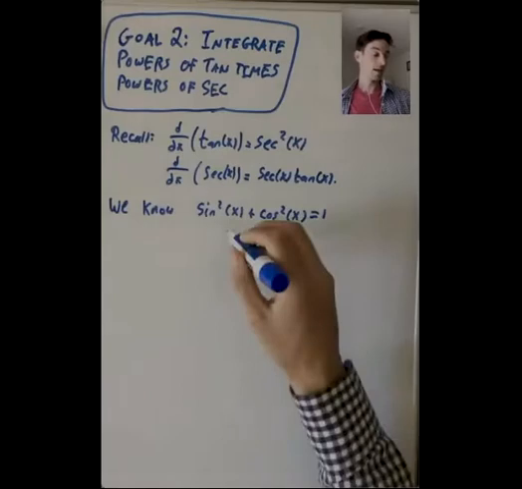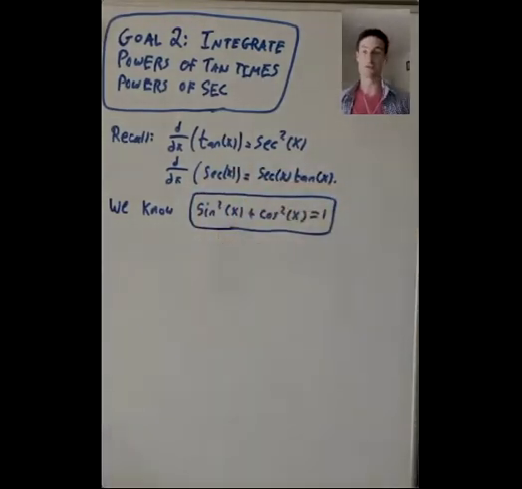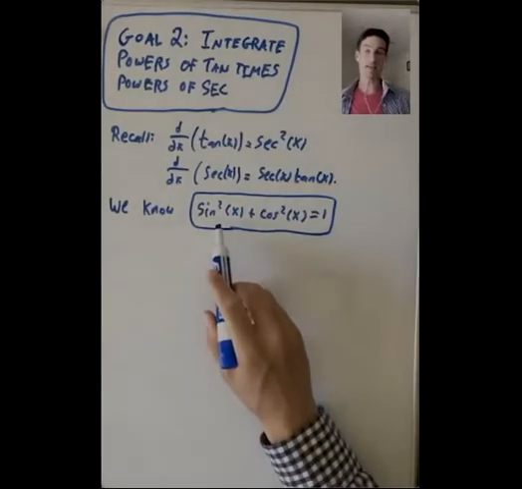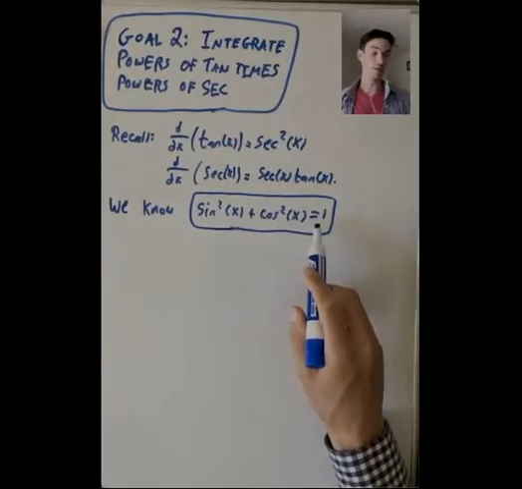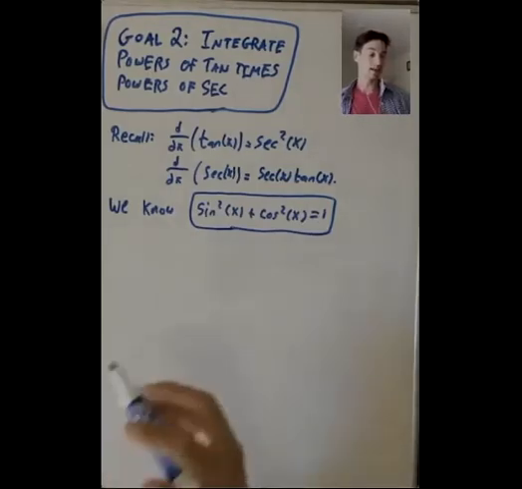Remember, in our section on integrating powers of sine times powers of cosine, we used the identity sine squared plus cosine squared equals 1 a lot. So we want an analog of that result for tangent and secant.